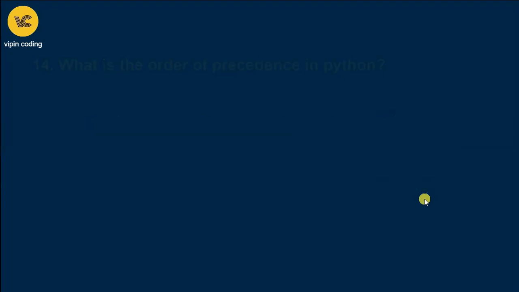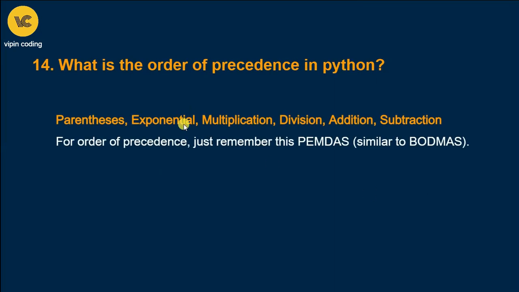Let's see the answer: parenthesis, exponential, multiplication, division, addition and subtraction. For order of precedence, you should remember PEMDAS, like PODMAS. You have already learned about this in our earlier classes. PODMAS is from our mathematics subject, right? So the same way you have to use PEMDAS, similar to PODMAS. You should remember this one, right?